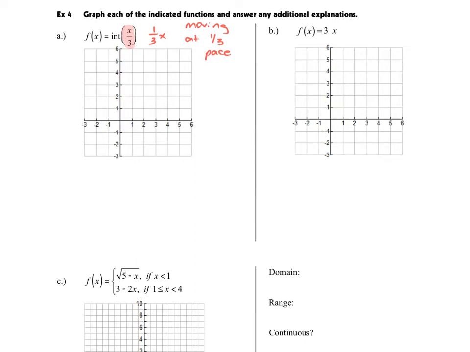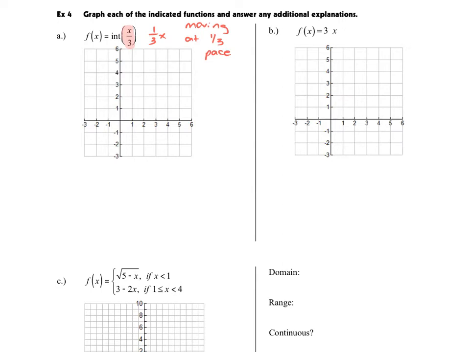So what we would normally have on a step function is a short step and a short step and a short step. But since it's moving at 1/3 the pace, what we expect to happen is instead of a step only being this long, we're going to expect the step to be 3 times as long.